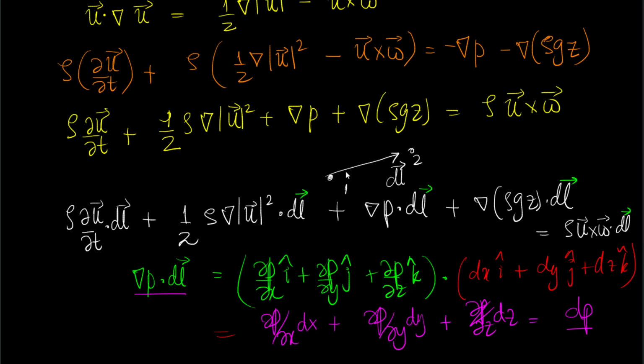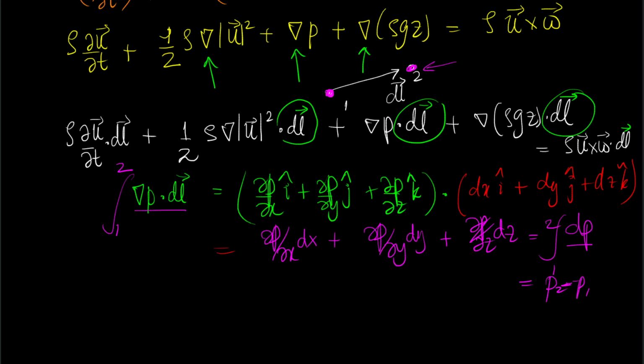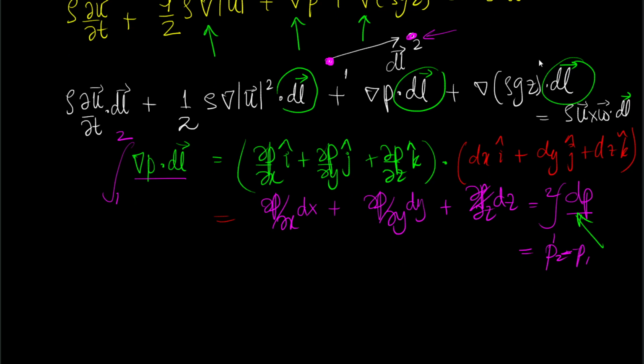If you integrate this, it is nothing but finding out the difference between the values of this variable between 2 points. Because when you integrate this over say point 1 to 2, it's simply dp from point 1 to 2, and it is nothing but p2 minus p1. Okay, so the gradient appears over here, here and here. So thus when we take a dl of those terms, we would simply have the d of those terms.